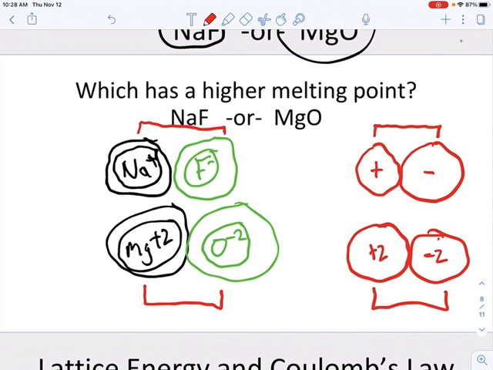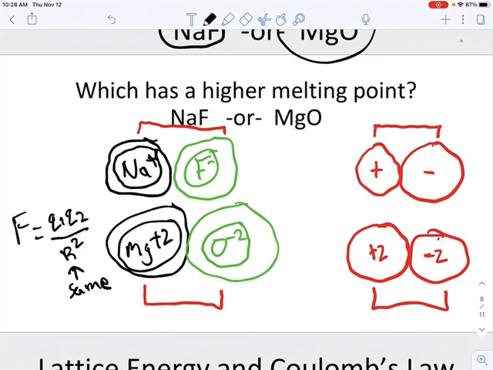So considering Coulomb's law, that variable in the bottom, my R variable, is staying the same as I compare sodium fluoride and magnesium oxide. But what's different is the actual magnitude of their charge. For sodium fluoride, Q1 would be 1 and Q2 would be 1, because it's actually the absolute value of the charge. And for magnesium oxide, now I'd have a charge of +2 and of -2.